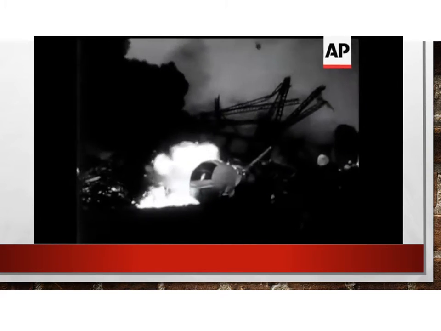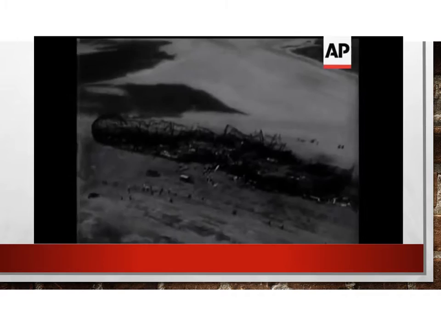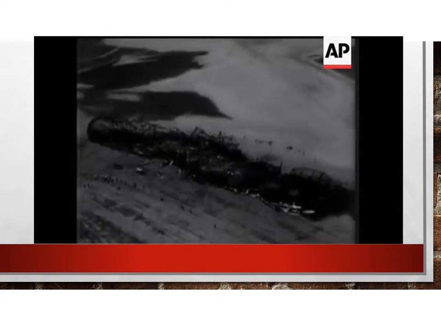It seems almost incredible that anyone should escape. Yet two-thirds of those on board survive what is next to the R-101 disaster, the worst in the history of aviation.